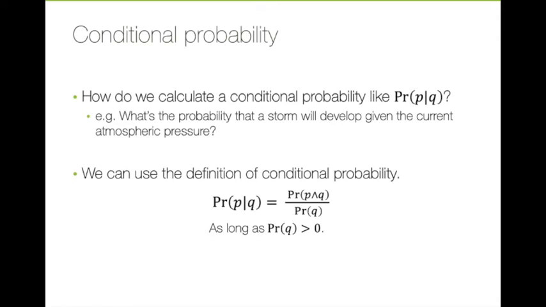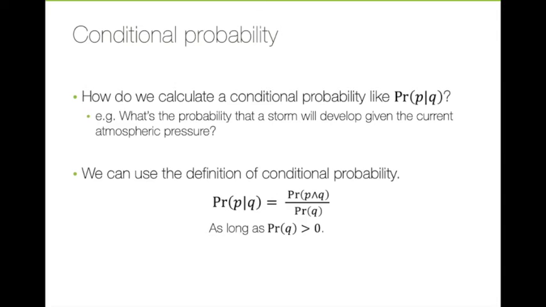So far, we've looked at the rules for calculating the probabilities of sentences that are familiar from our study of propositional truth functional logic. Conditional probability, though, is unique to the probability calculus. We need to calculate probabilities of the form the probability of P given Q. We need to do that when we're asking questions like, what is the probability that a storm will develop given the current atmospheric pressure? Sometimes conditional probabilities will be given to us directly, but other times we need to calculate them.